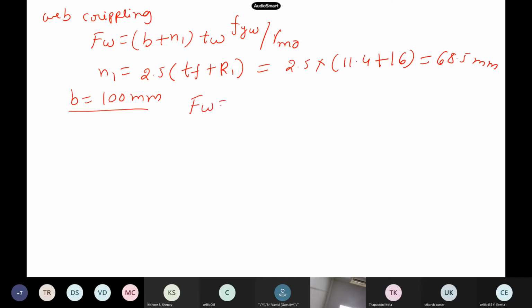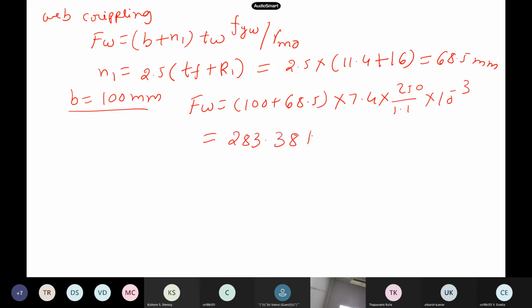So FW is 100 plus 68.5 multiplied by 7.4, 250 by 1.1 into 10 to the power of minus 3. Finally this turns out to be 283.38 kilonewtons, which is also greater than 210 kilonewtons.